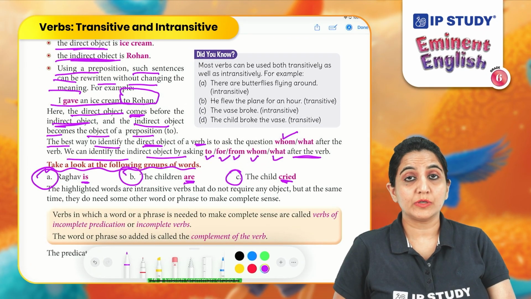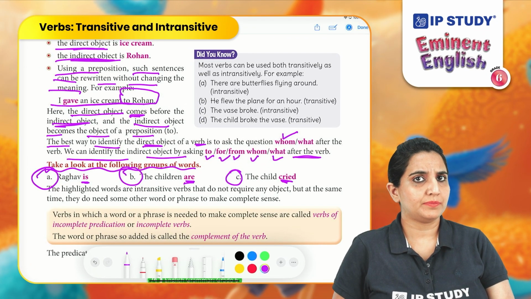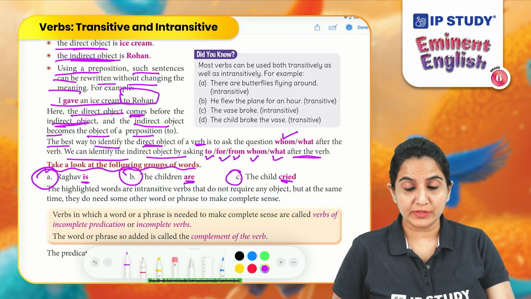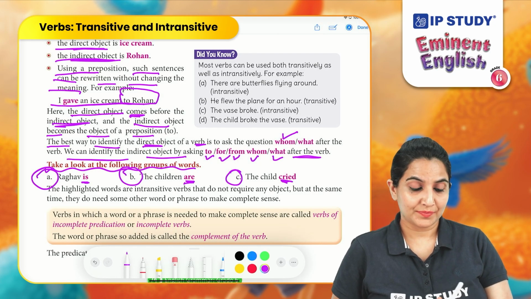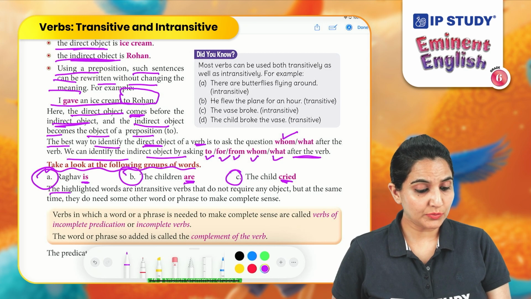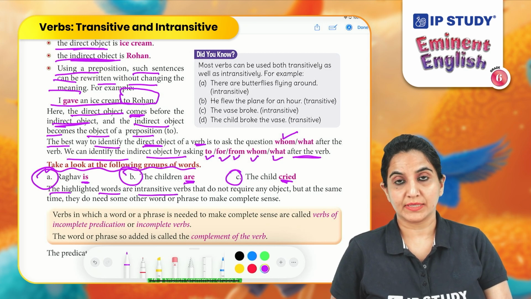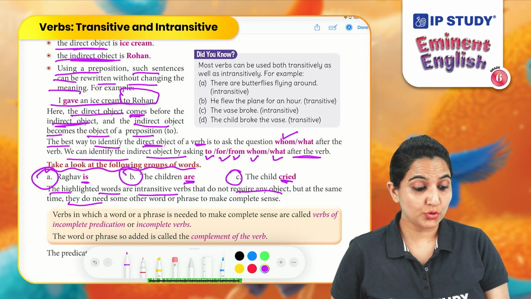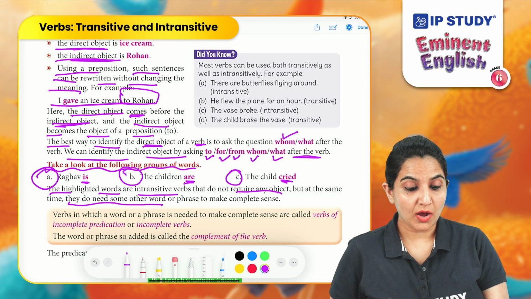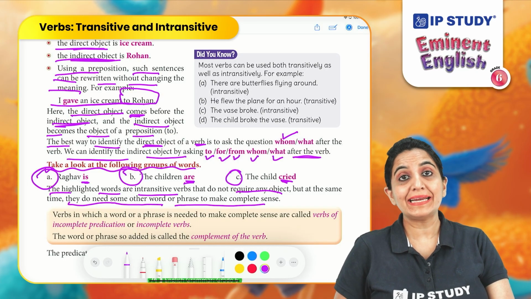That means these verbs do not require an object. But do you think these groups of words make complete sense? Let's study. The highlighted words are intransitive verbs that do not require any object. But at the same time, they do need some other word or phrase to make complete sense.